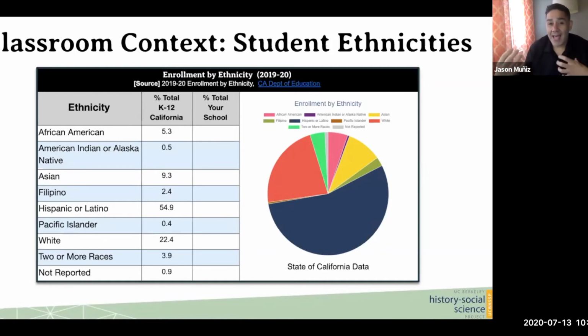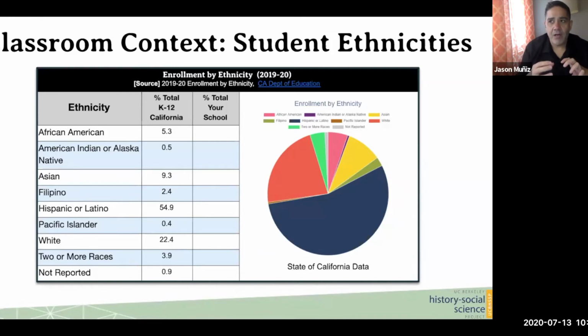Think about what those percentages would look like at your specific school site. On the document that I asked for you to click on and type out your definitions, if you scroll to the next section, you'll see a chart that looks just like this one. And please take a moment and think about what the percentages really look like for your school site. It's going to be a tool that we use a little bit later on as we're constructing some of the things that we're going to be putting into our ethnic studies course.